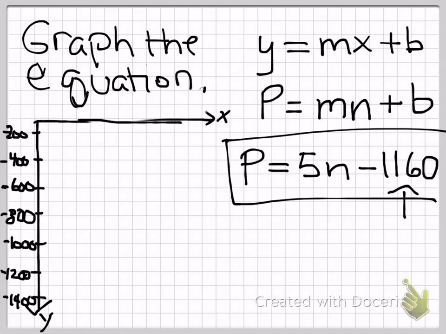And then place your point at about 1160, which would be a little bit past 1100.